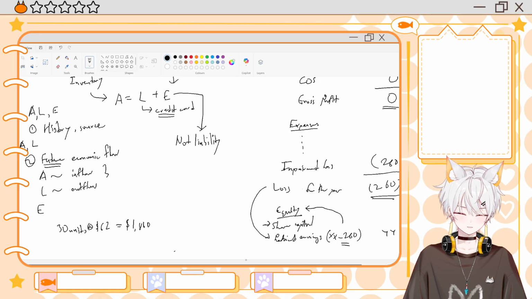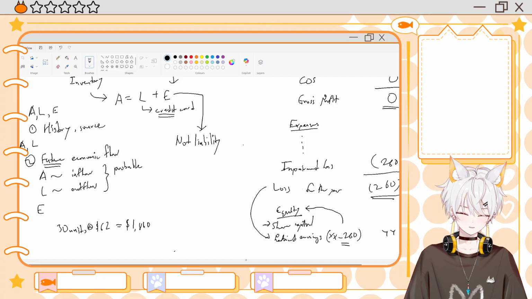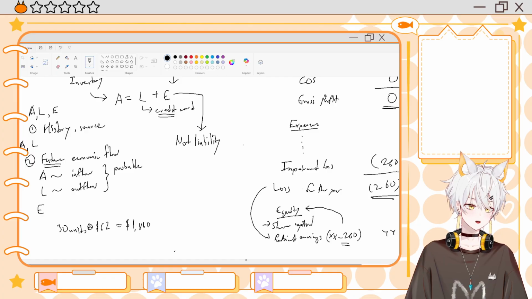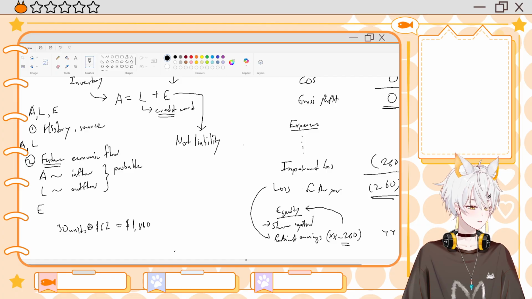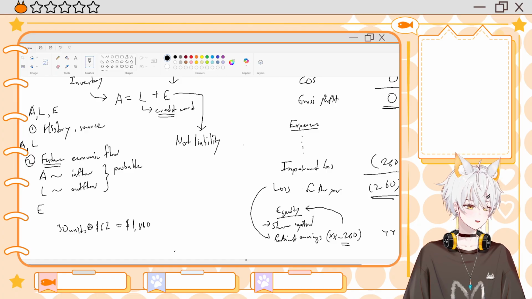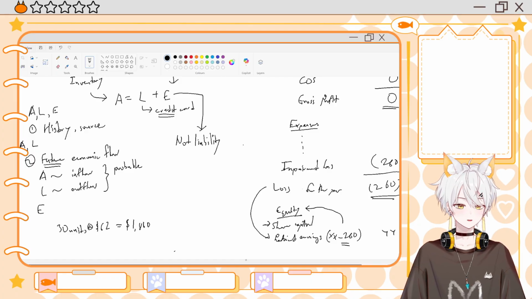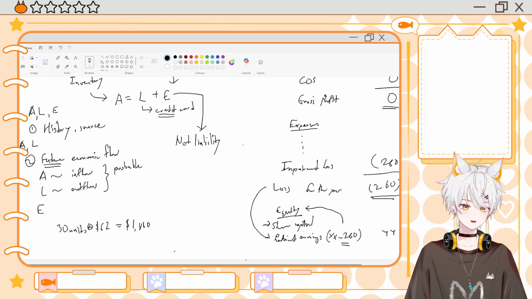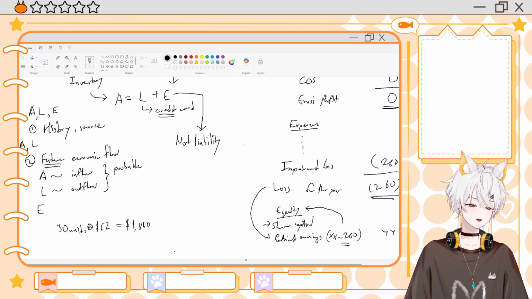So these two, sometimes we call it probable. For assets, it's a bit more stringent. I think that's the concept of prudence, even though it's not as encouraged, because you want to have a fair estimate.